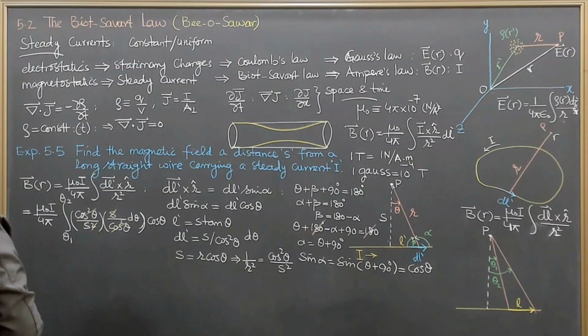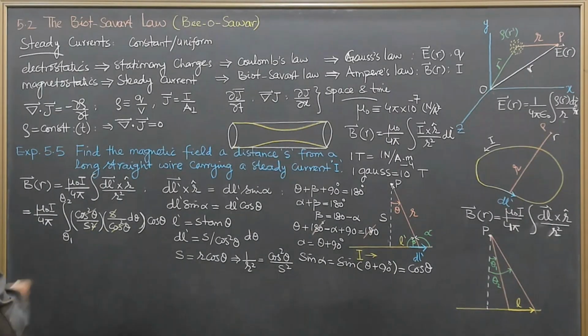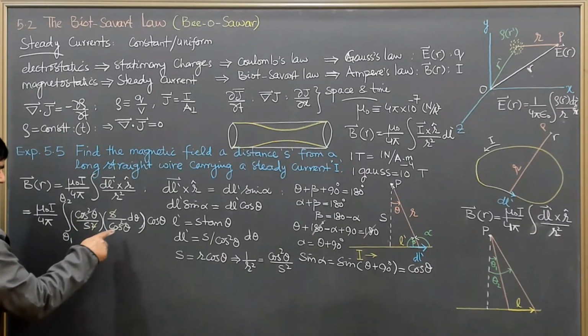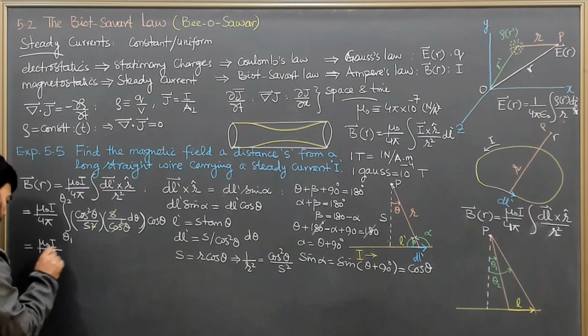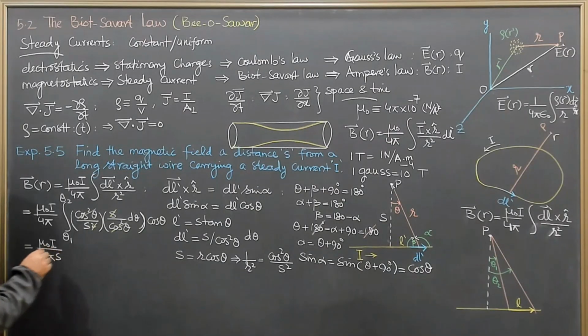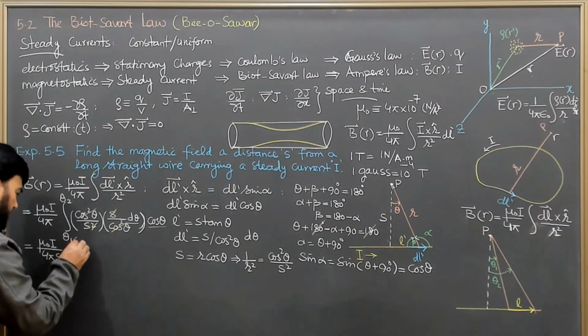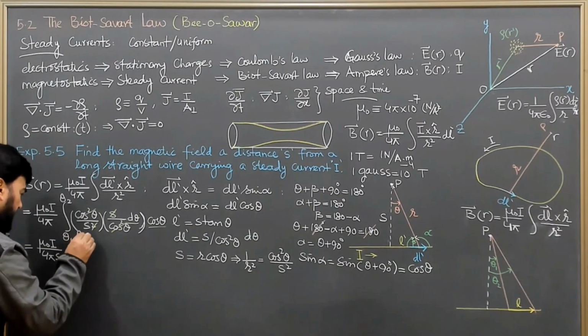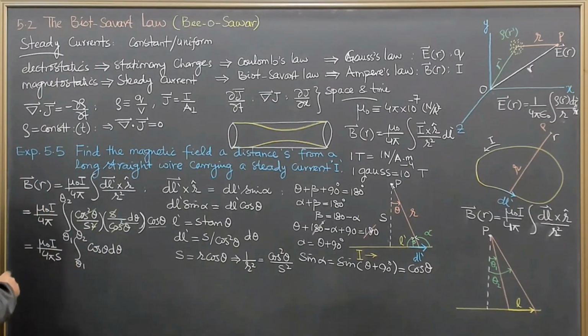Since the integration is on d theta, we will move this s outside, mu naught I over 4 pi s will come outside, and we are left with cos theta and d theta. So the integral from theta 1 to theta 2 of cos theta d theta.